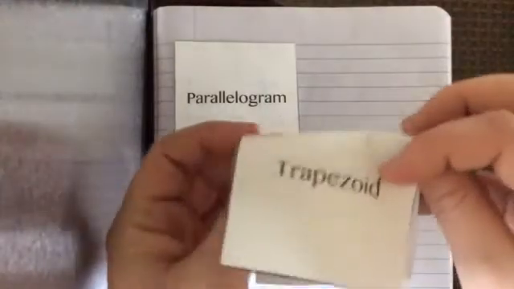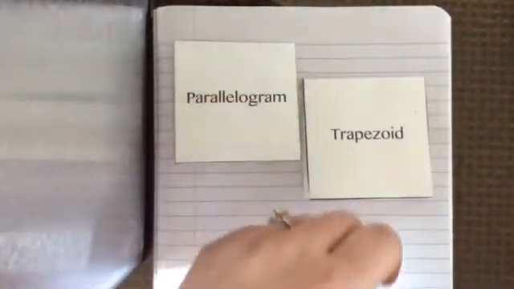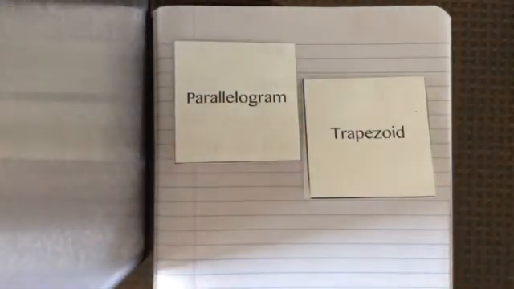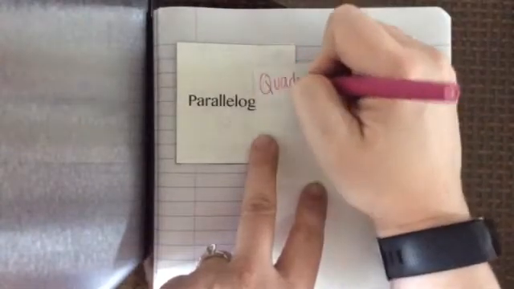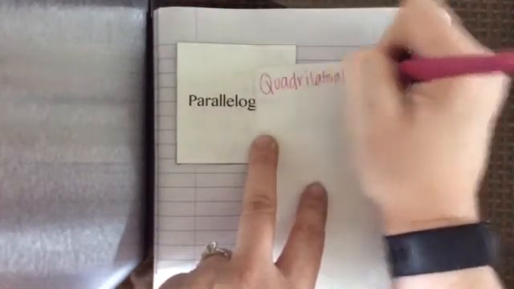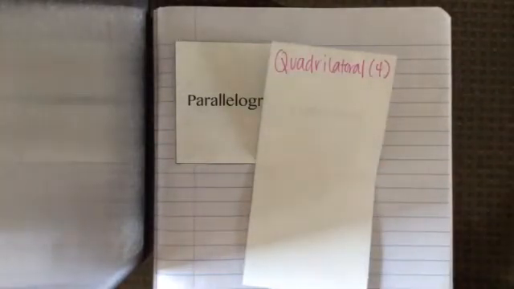On to trapezoid. Probably the most confusing quadrilateral of all. A trapezoid, let's use this color, again is a quadrilateral, which means four-sided, but it's completely different. A quadrilateral is different. It can have all four sides different lengths.